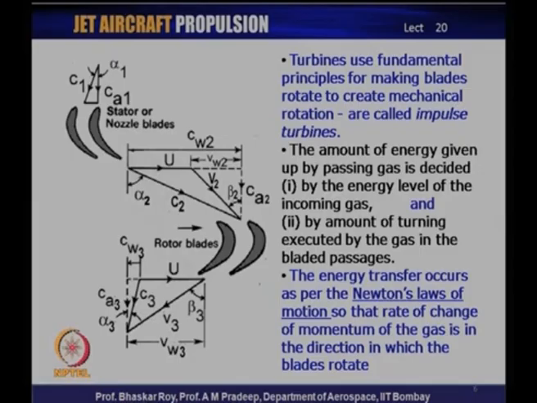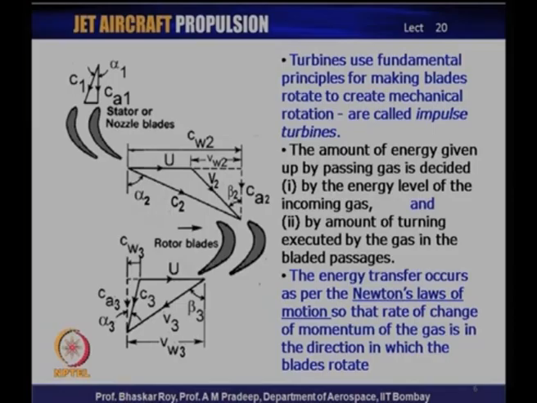Depending on that, the stator or nozzle blades are positioned there, and the passage between these stator or nozzle blades is a highly converging passage, which of course creates a very strong nozzle effect.